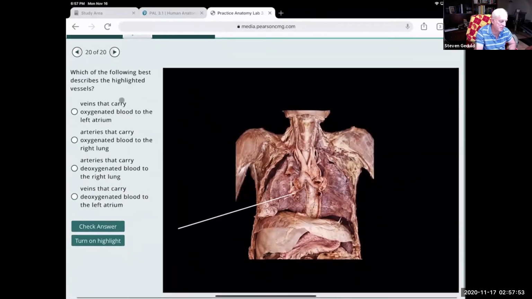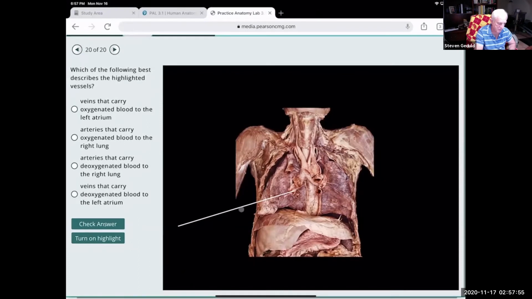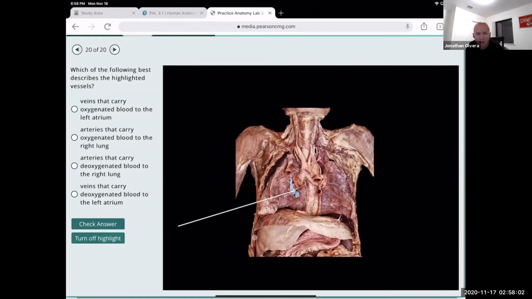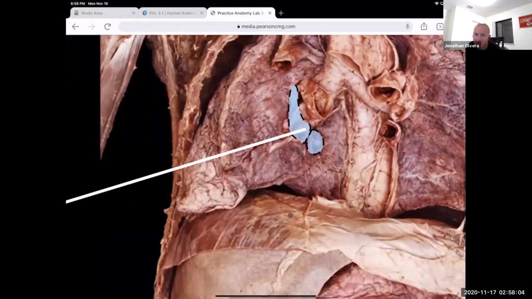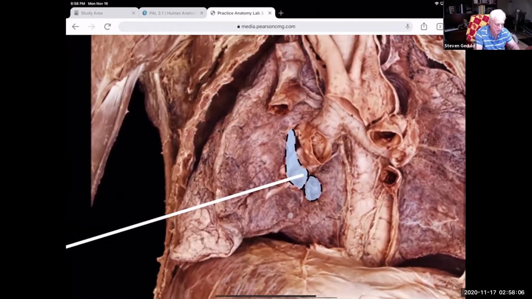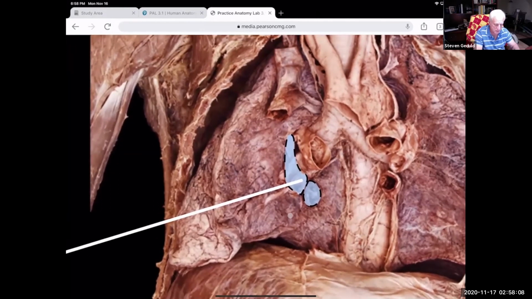Which of the following best describes the highlighted vessels? What's the highlighted vessel? Let's turn the highlight on. That would be the inferior vena cava. I can't tell if that or if that's a bronchus.